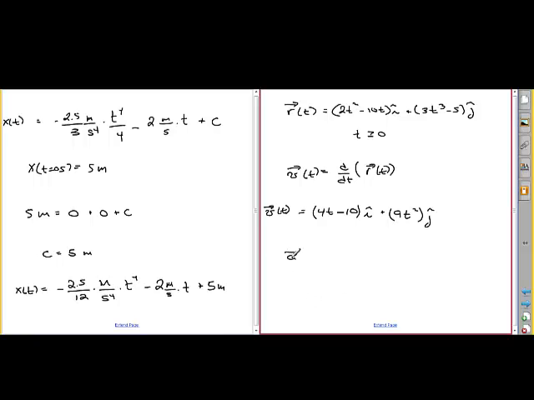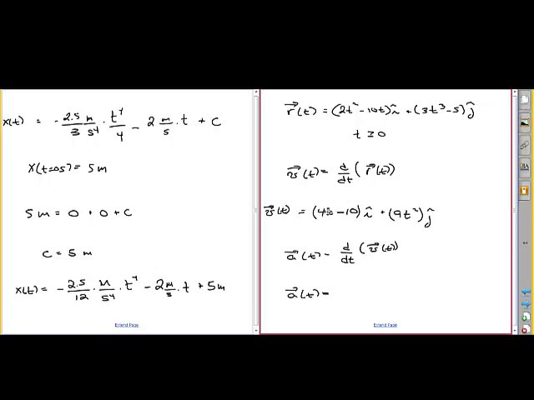And then the acceleration vector is the derivative with respect to time of the velocity vector. The thing that makes it a vector is the fact that I've got these i's and j's, and I could put a k on there if I wanted to make it three-dimensional. So the acceleration vector is equal to the derivative of this with respect to time.